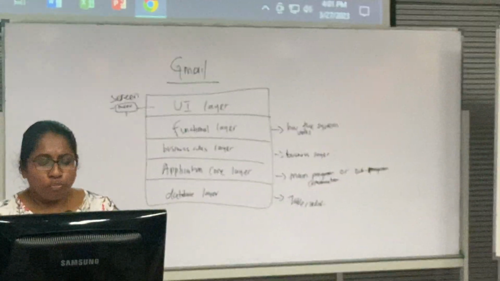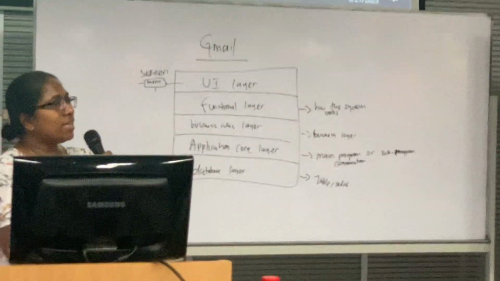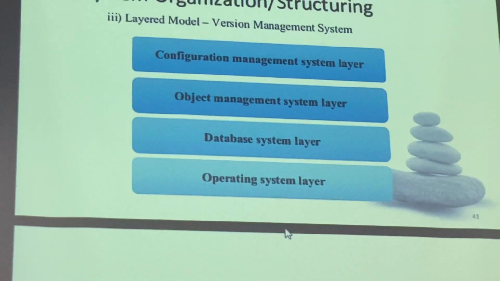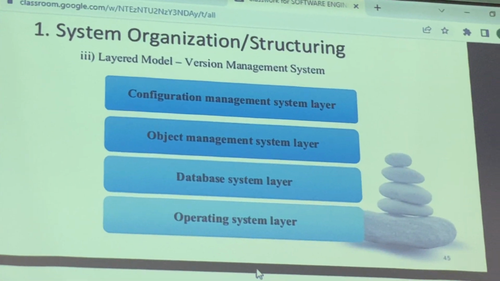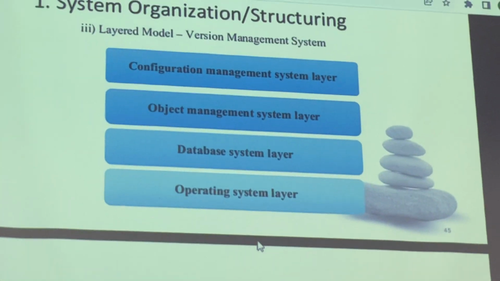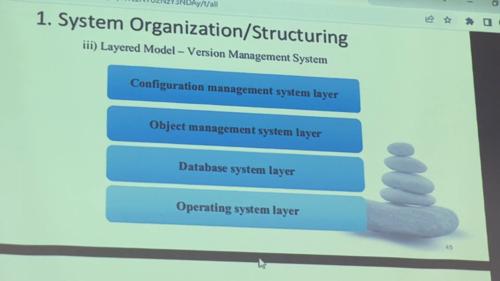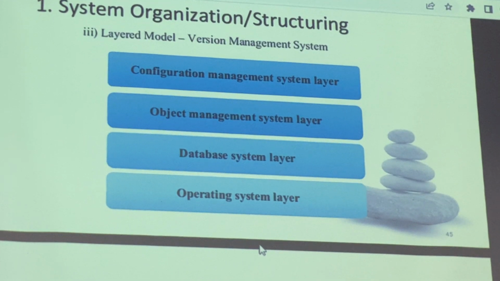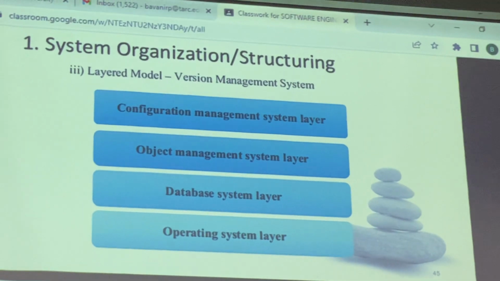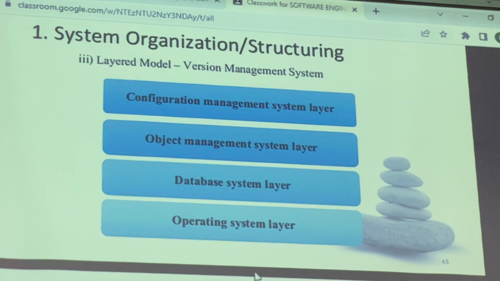So when you see the layers in the slide and the layers which I drew, they are two different layers. It's not the same. It depends on what type of system, what type of module that you are going to work on. It's not fixed.